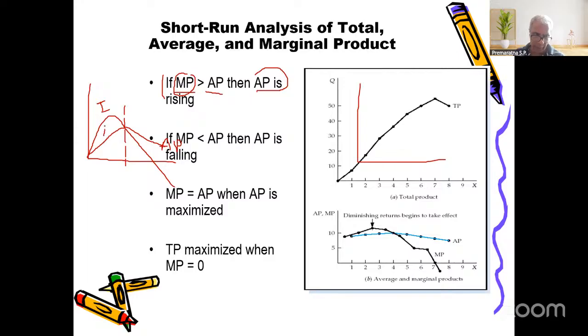You see the marginal product goes above the average product, and up to there the average product is increasing. Now when the average product starts to decrease, the opposite happens: marginal product is less than the average product. The marginal product curve is below the average product up to here. That we call the second stage.